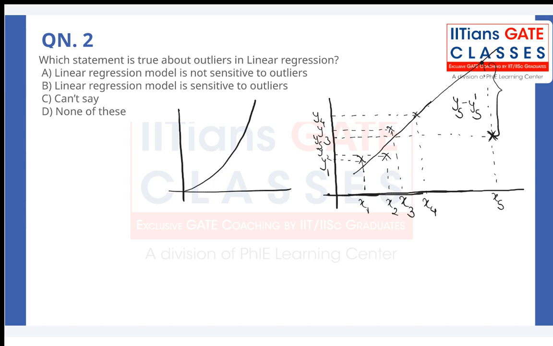But here it's an outlier. So because of this point, you might try to shift your line to something like this. Maybe I'll use a different color to understand. Maybe your model will use something like this.